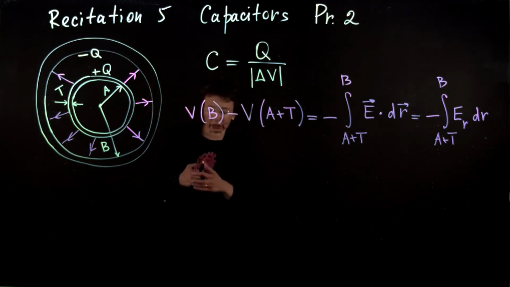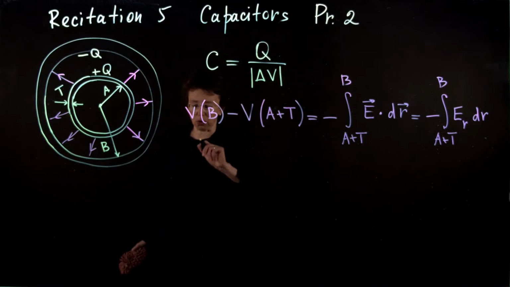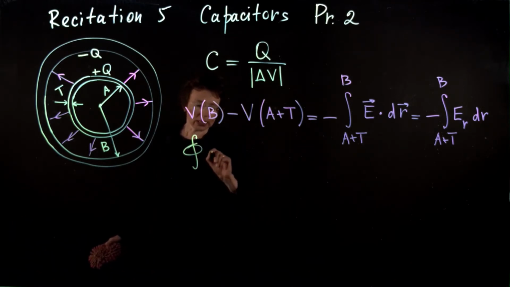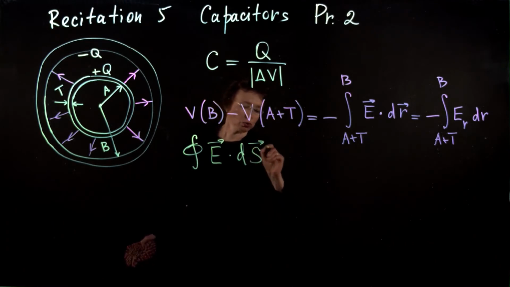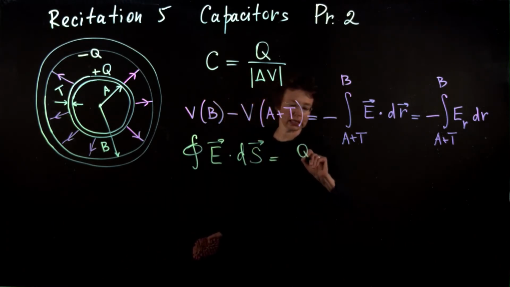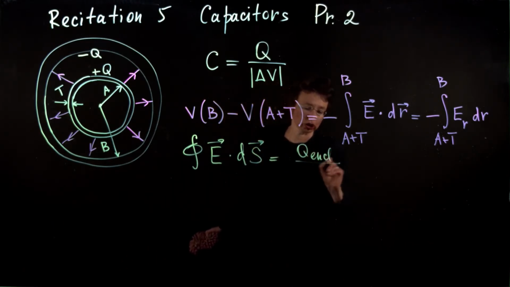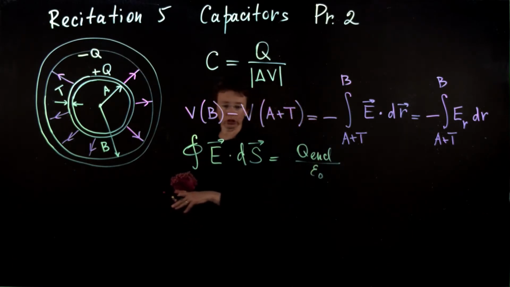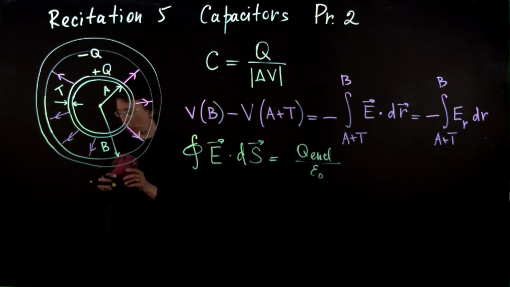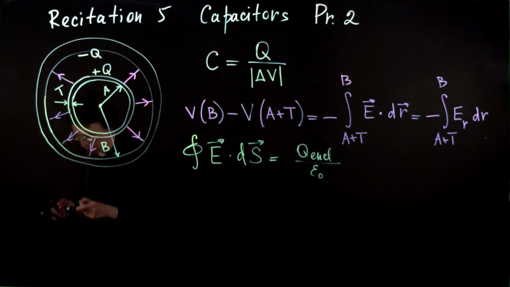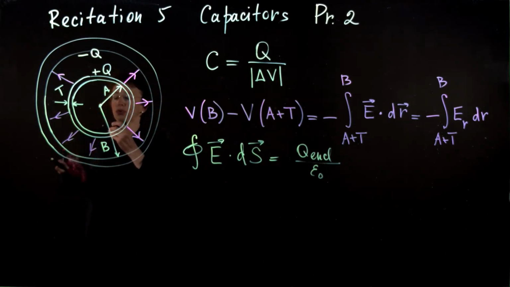And to find the electric field, I will use Gauss's law. Gauss's law tells me that the flux of the electric field out of a closed surface is equal to the charge enclosed over epsilon naught. So which Gaussian surface will we choose? I will use blue for the Gaussian surface.